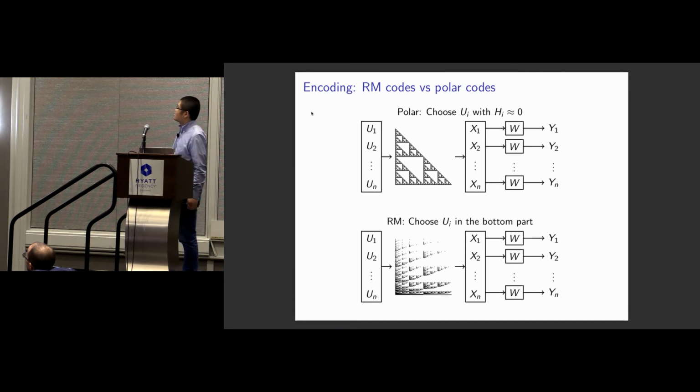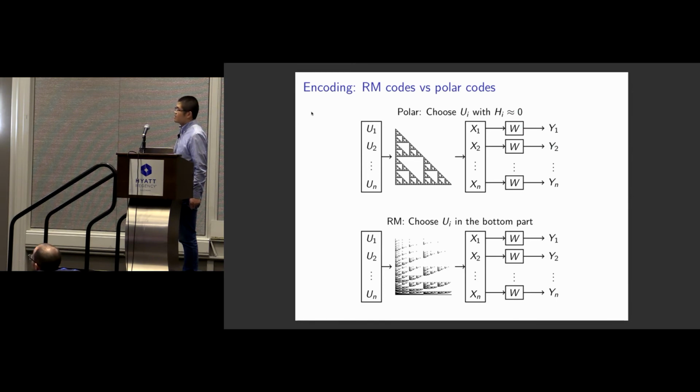So for polar codes, as we already said, we choose the UIs with those HIs more or less 0, right? So this takes out some rows from this matrix. In contrast, for Reed-Muller codes, we only use UIs in the bottom part of the vector.